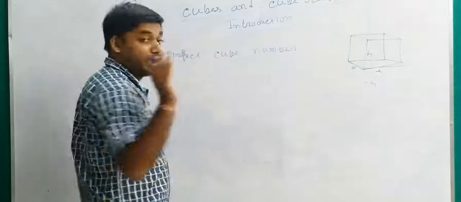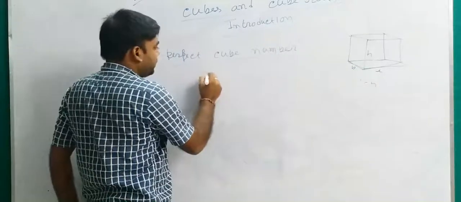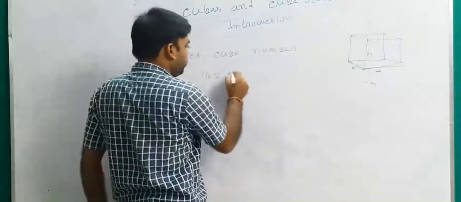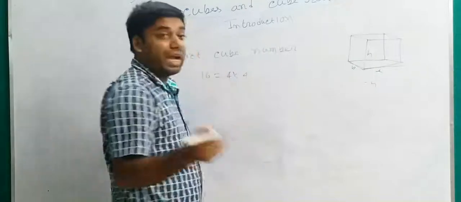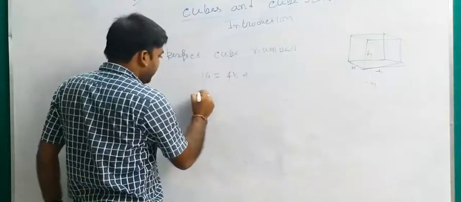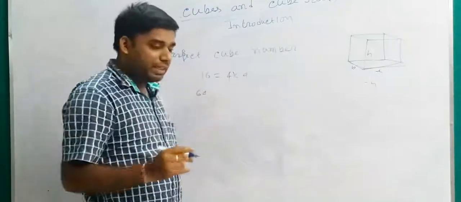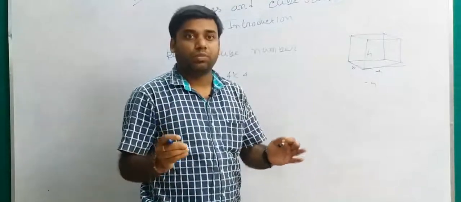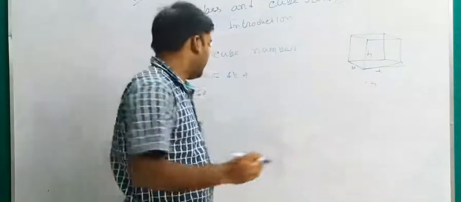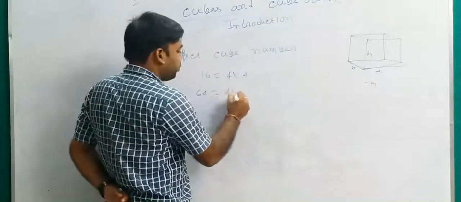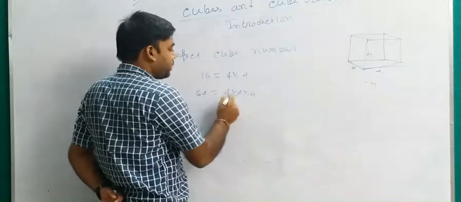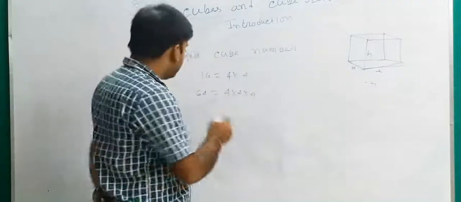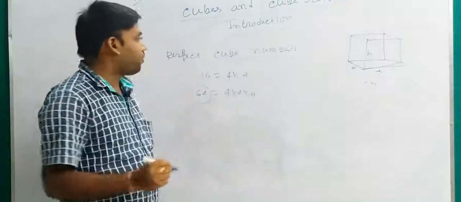For example, 16 can be written as the product of 2 factors, 4 into 4, so it is a perfect square number. And a perfect cube number is any number that can be written as the product of 3 same factors. 64 can be written as 4 into 4 into 4, 4 fours are 16, 16 fours are 64. So 64 is a perfect cube number.